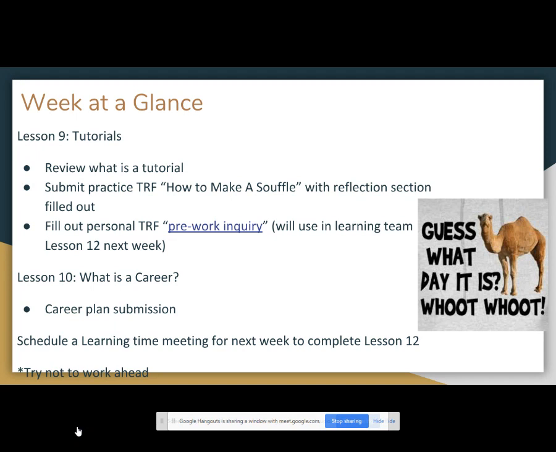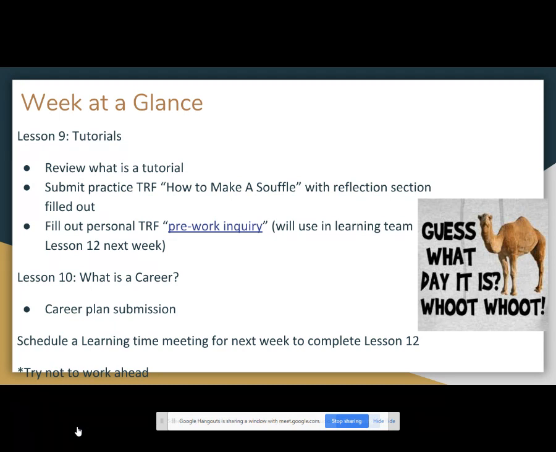What you need to do for that is fill in the reflection section from what we filled out as far as the TRF goes, answer the questions at the bottom, and send that in to us. Once you've done that, upload it with your submission in courseware, and that'll give you credit for it.